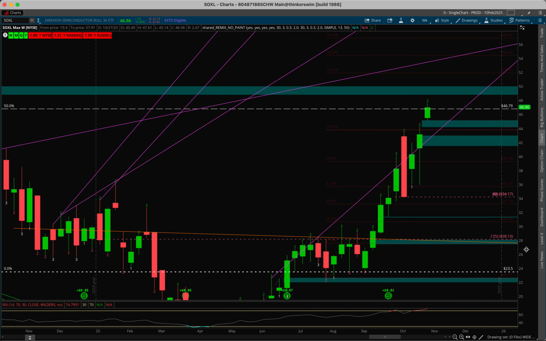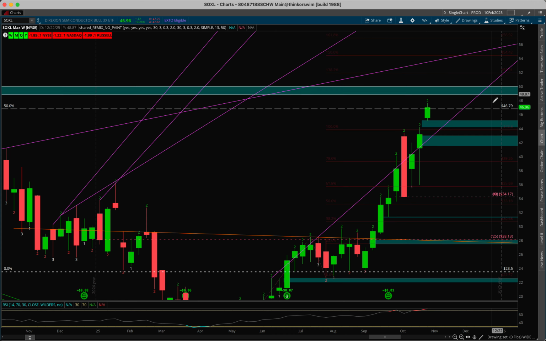But you can see this was the flag portion of the bull flag from the April 7th low to July high, and then we've got the pullback here, the flag action. Now we've had the push up, getting to the 100% fib extension and further now.